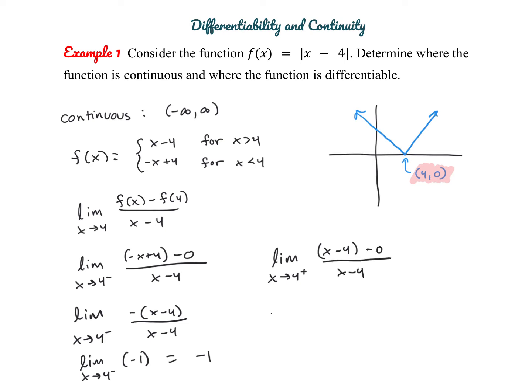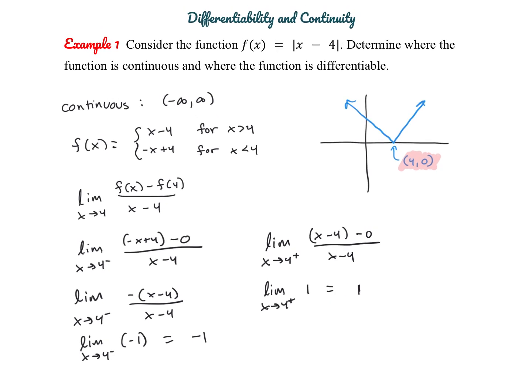So from here you can see that we have the limit as x approaches 4 from the right of just 1, which equals 1. So you'll see here that our left-handed and our right-handed limits are not the same. And since they're not the same, this limit does not exist.